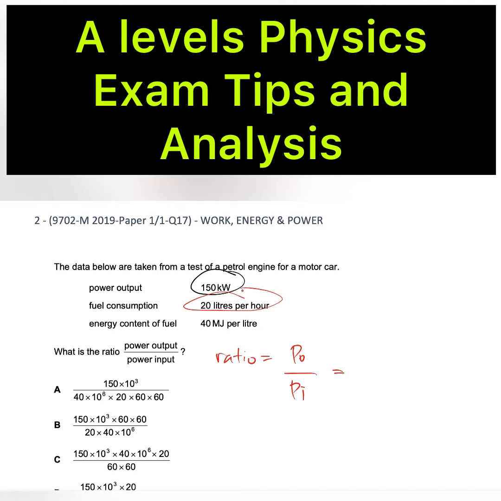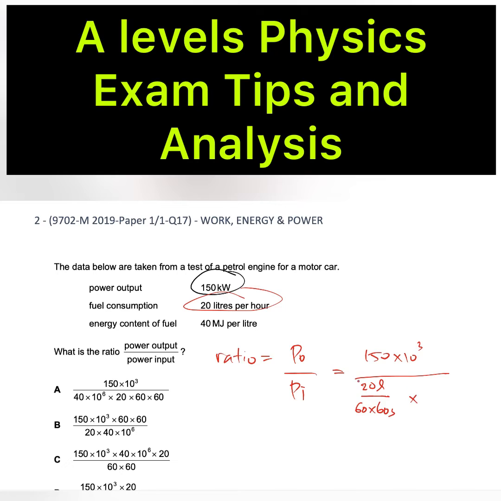P out, the output, is very simple, it's 150 kilo, and kilo is times 10 to the power of 3. For the input, this is the fuel consumption, 20 liters. If you are not sure, just put in the unit, 20 liters per hour. This is per 1 hour, and normally we have to convert 1 hour to 60 minutes, 60 seconds.